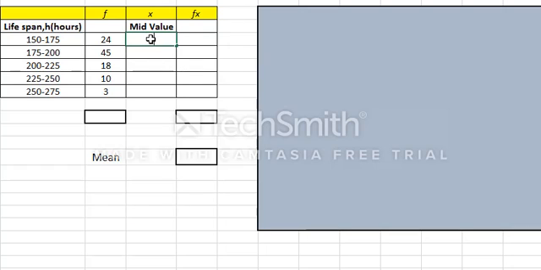The mid value in this case is going to be equal to 150 plus 175 divided by 2. The lower limit plus the upper limit divided by 2. Here it is going to be equal to 175 plus 200, the upper limit, divided by 2.